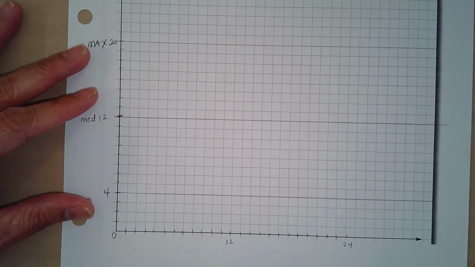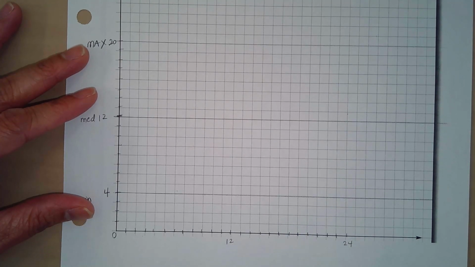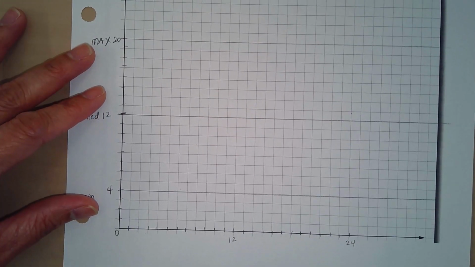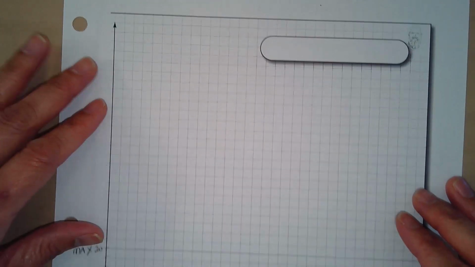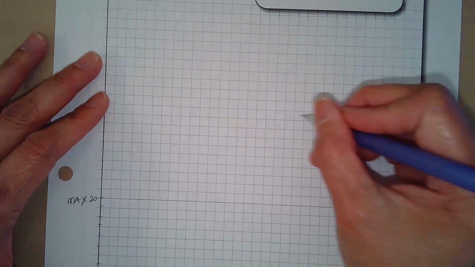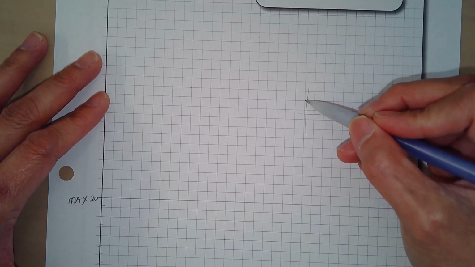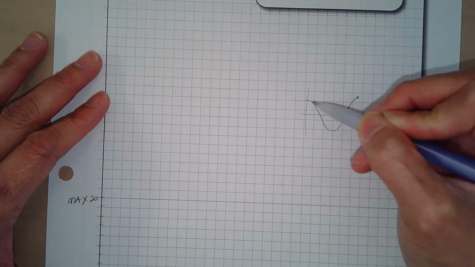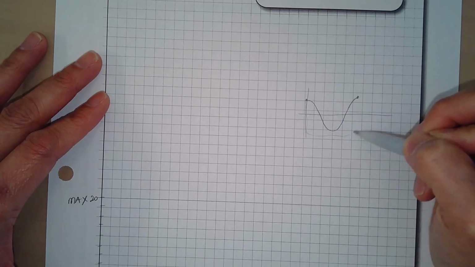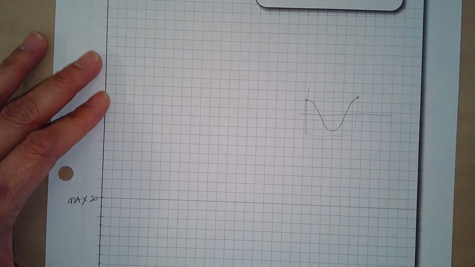Okay, look at that. Now, what's our graph again? It says cosine. Well, what does a cosine look like? Cosine looks like maximum to minimum to maximum. It looks like that in one whole period.